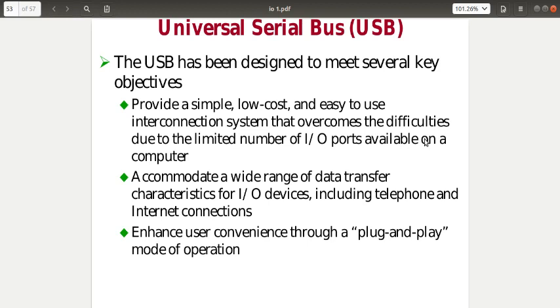So USB came into popularity mainly due to its flexibility, right?